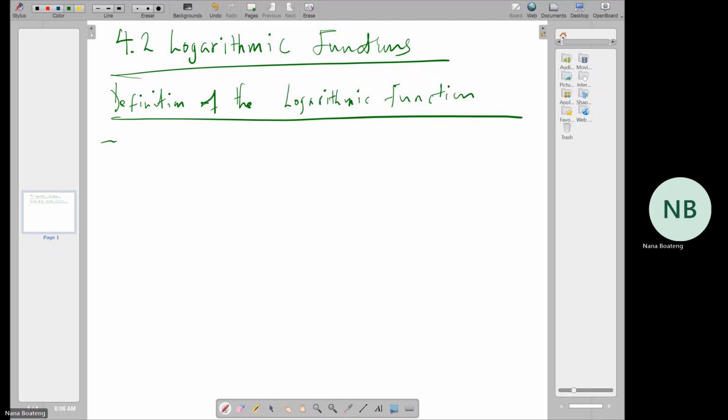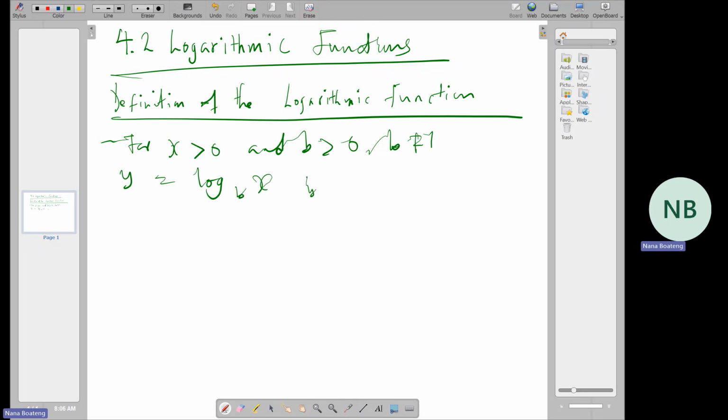For x greater than 0 and b greater than 0 and b not equal to 1, y is equal to log base b of x is equivalent to the exponential expression b power y is equal to x.